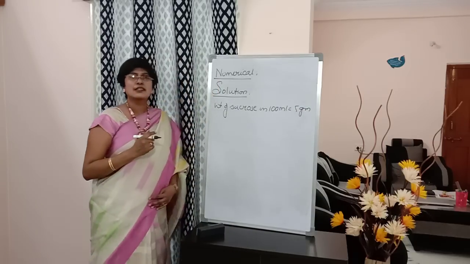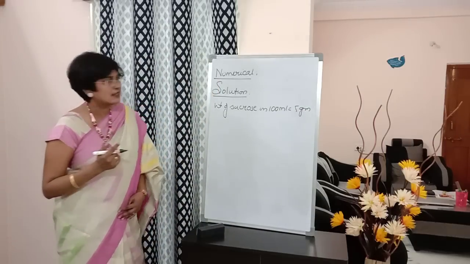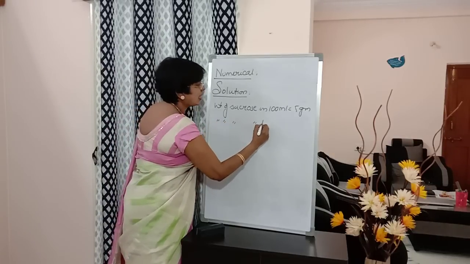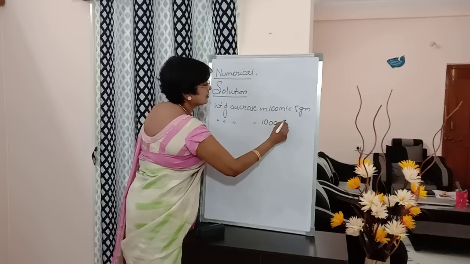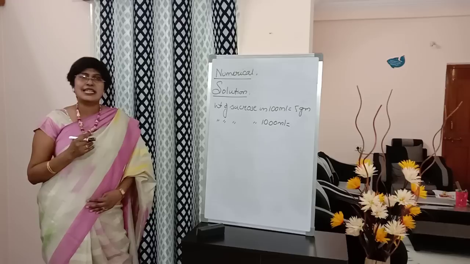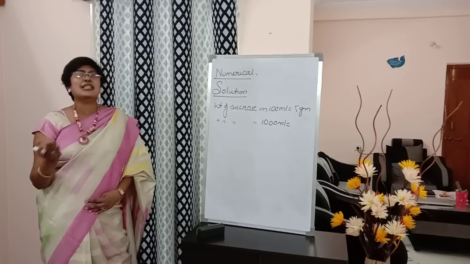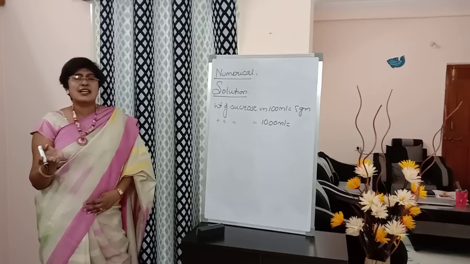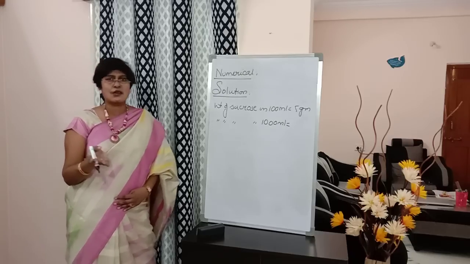Okay? Fine. Next. So what I do is, weight of sucrose in 1000 ml we will convert, students. So both the solutions volume we will convert it into 1000 ml. Okay, one is given 100 ml, the other one is given 300 ml. Okay, so we will convert both the solutions volume as 1000 ml.